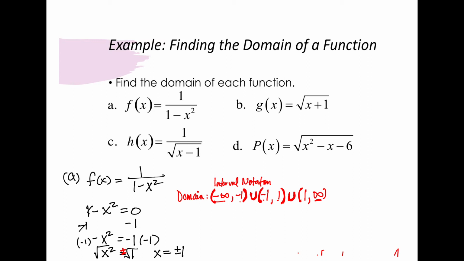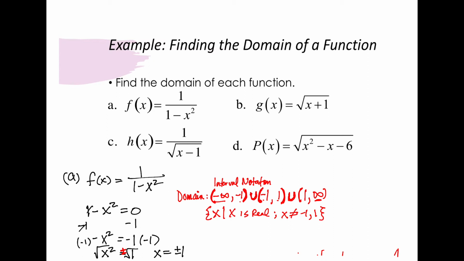Another way to write this is in set notation, where we say x such that x is a real number, but x cannot equal -1 or +1. So this is a lot easier when we're just excluding like one number.